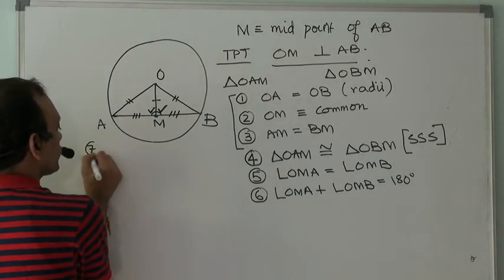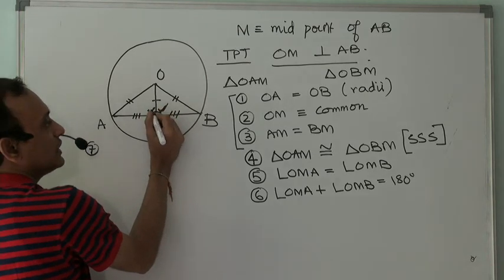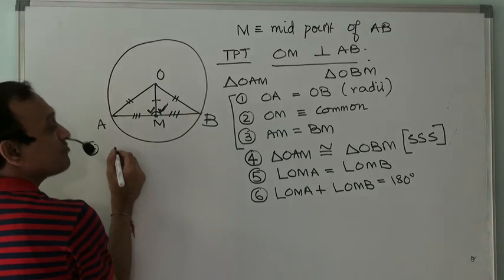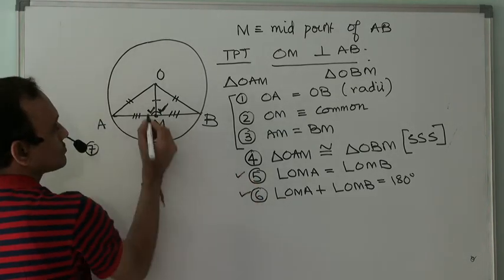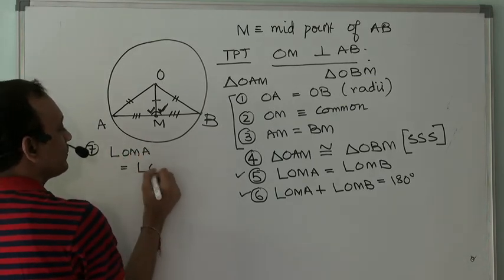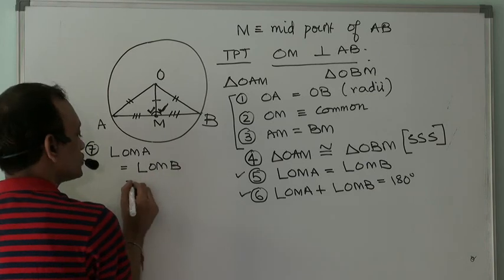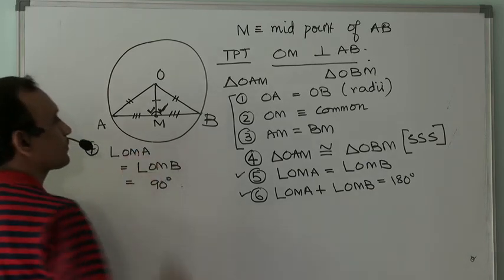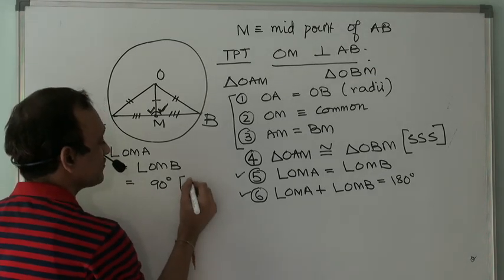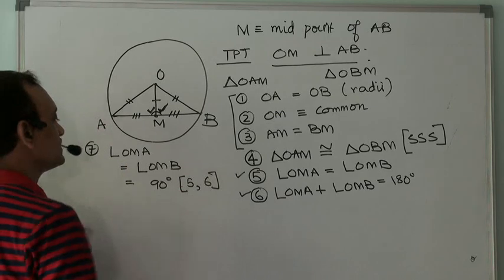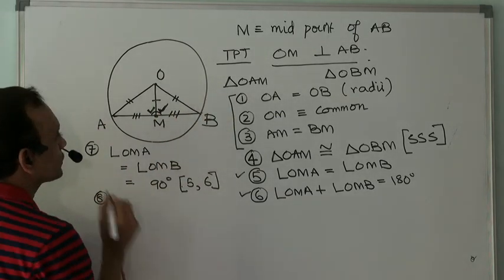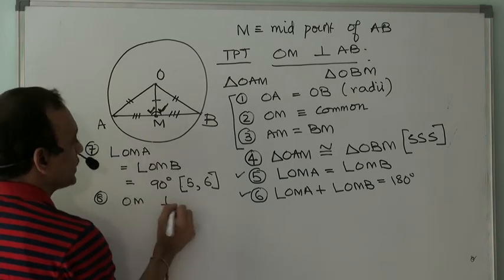And therefore, if this angle is equal to this angle, and if the sum of these two angles is 180 degrees, then out of 5 and 6, we must have angle OMA equals angle OMB, each equal to 90 degrees. Statements 5 and 6 lead us to angle OMA equals angle OMB, and therefore OM perpendicular to AB.